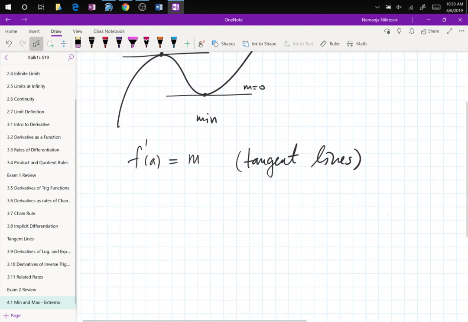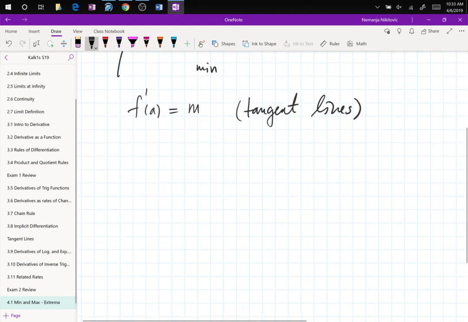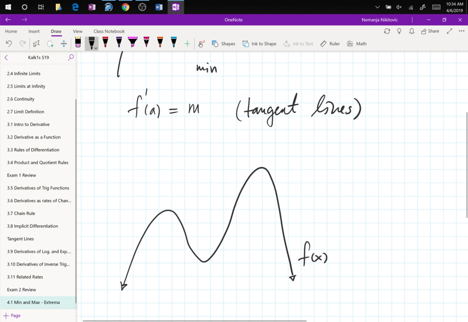Before we go into calculating all of these, let's first figure out what are the types of min and max that we have. So here is the function f of x, and we see two max values, and they're categorized into different groups.